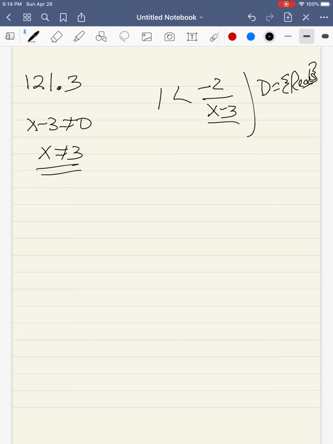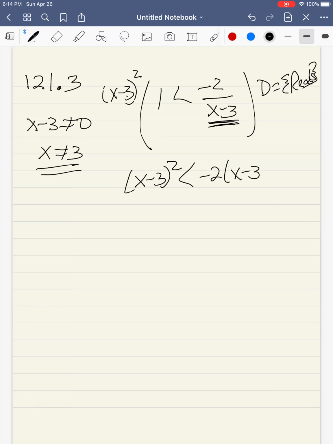Remember, multiply the inequality by this factor squared, so times (x - 3) quantity squared. So that times 1, nothing cancels, so we get (x - 3) quantity squared less than. Here, an x - 3 cancels, but we have another one left over, so we put it there to be multiplied by the negative 2. So now use FOIL, use distributive property.